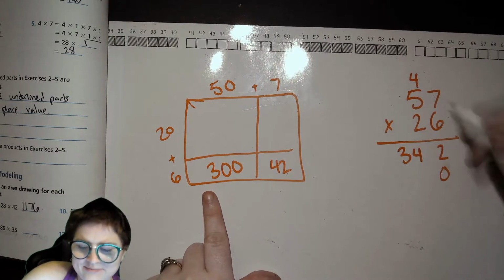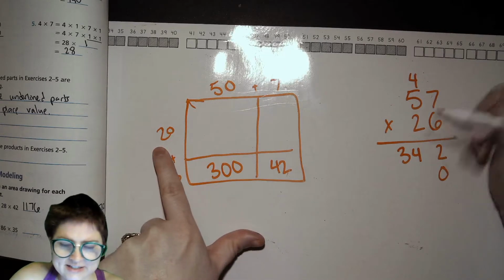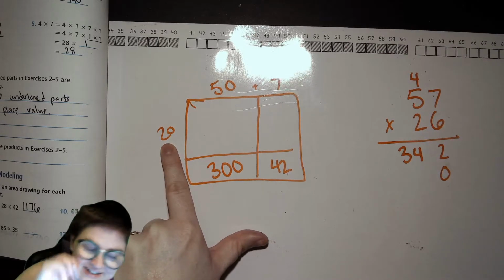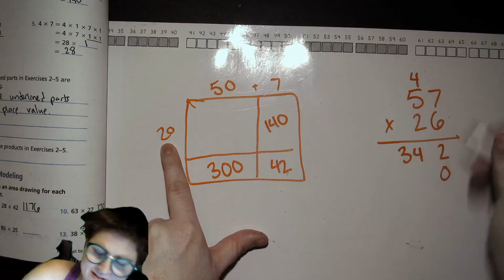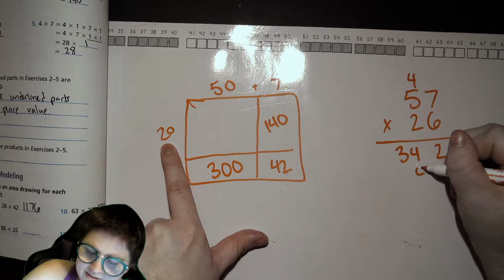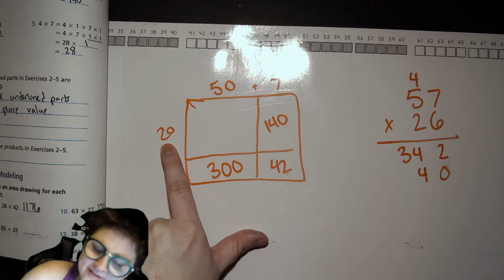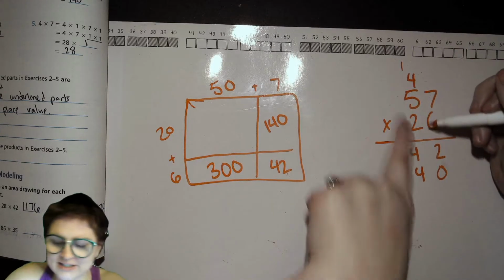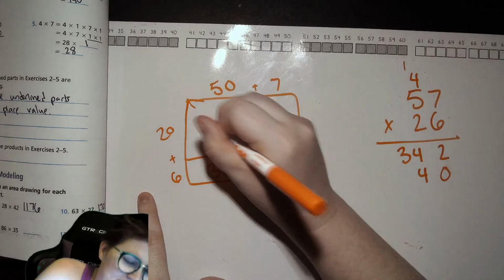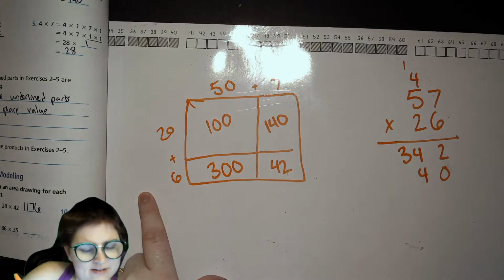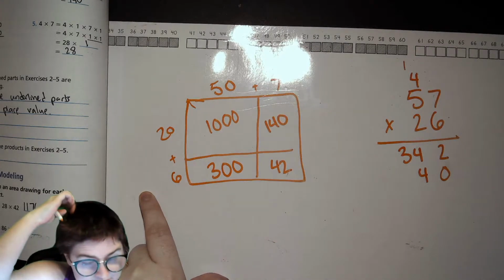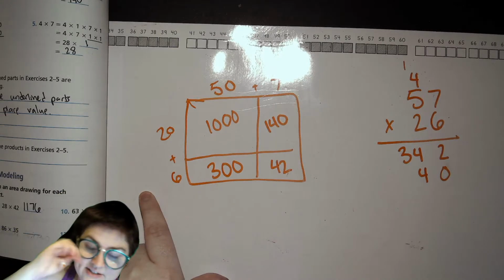And then 20 times 7 is 140. And then 20 times 50 is 1,000, or 10 hundreds, 1,000, yeah.